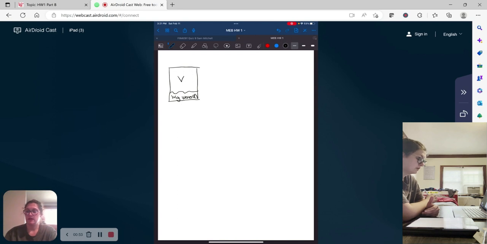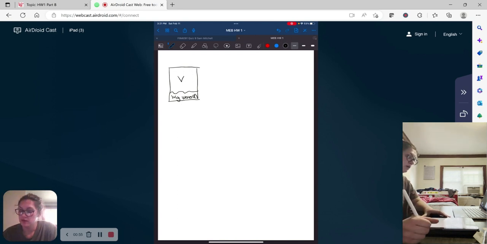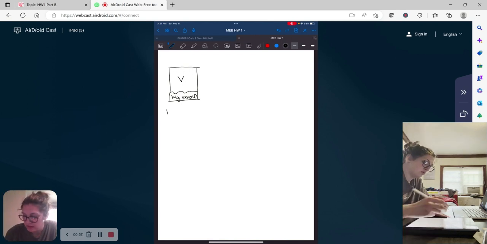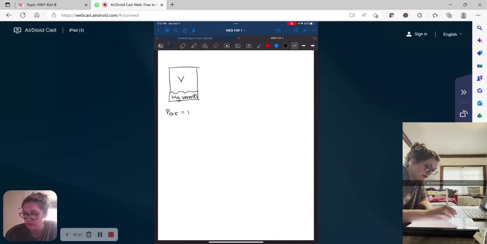So we are given a couple of parameters. The first being that the partial pressure of air is 101.325 pascals. We are also given that the initial temperature is 298 degrees Kelvin.